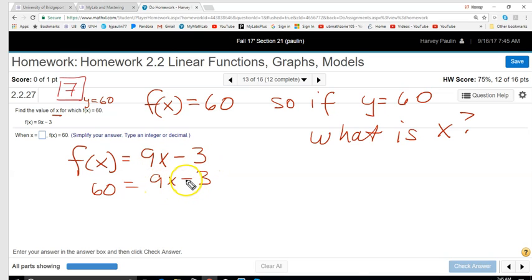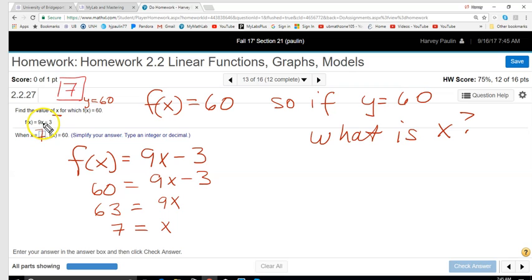So we're going to add 3 to both sides. So this becomes 63. Here it's 0. And now we're going to divide both sides by 9. 63 divided by 9 is 7, because 7 times 9 is 63. So our answer here is when x is 7, y is 60.